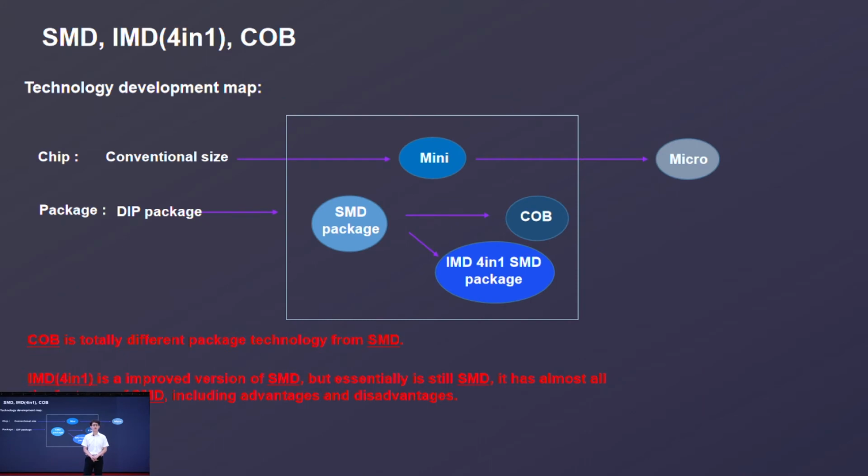Next, we have to look at the technology development map from two perspectives: one is the chip size, the other is the LED package technology. Currently, the chip size technology we're talking about is mini LED, and in the future, the technology will be micro LED for sure.